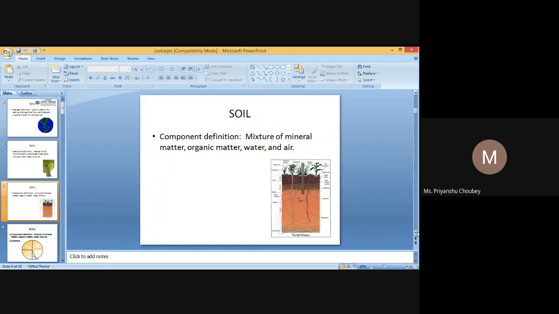Climate is probably the most important factor. Soil produced from the same parent material under different climatic conditions differs. Climate governs the rate and type of soil formation and is also the main determinant of vegetation distribution.